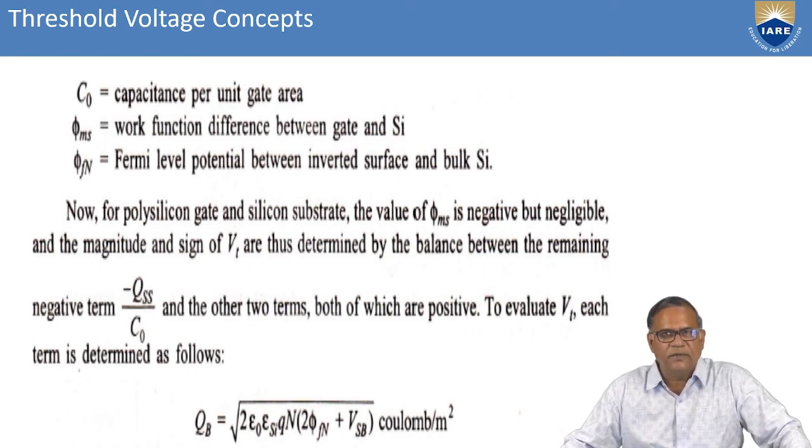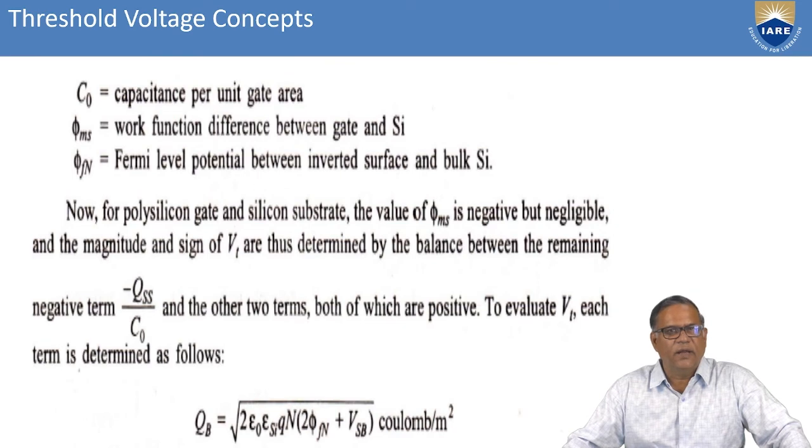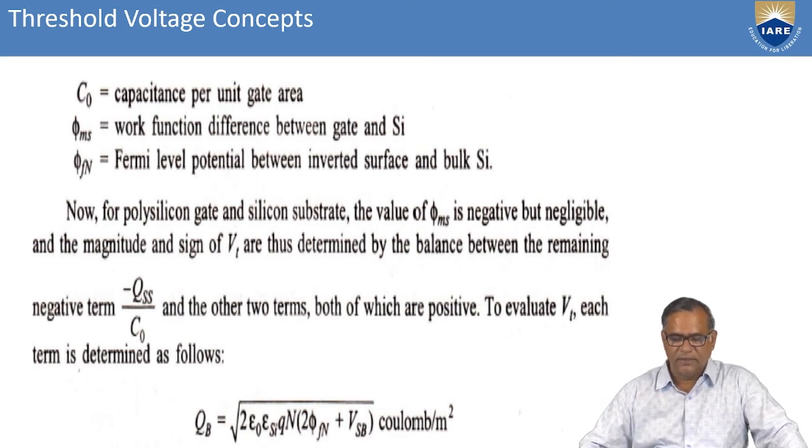So for polysilicon gate and silicon substrate, the value of phi ms is negligible, but the magnitude and sign of Vt is determined by the balance between the remaining terms. That is Qb minus Qss by C0 and other terms. And so to evaluate Vt, each term is calculated in this way.